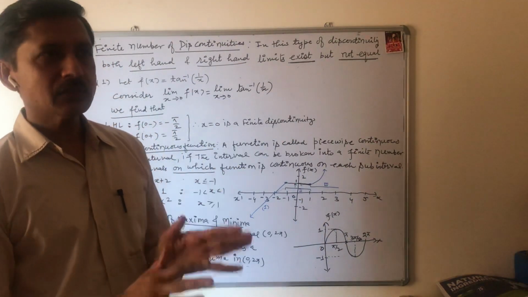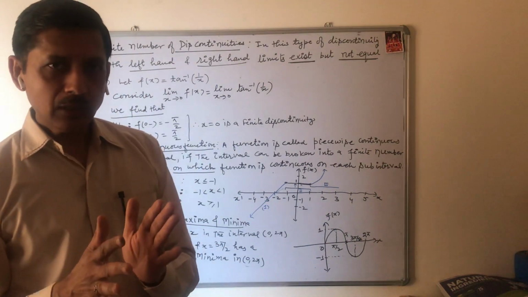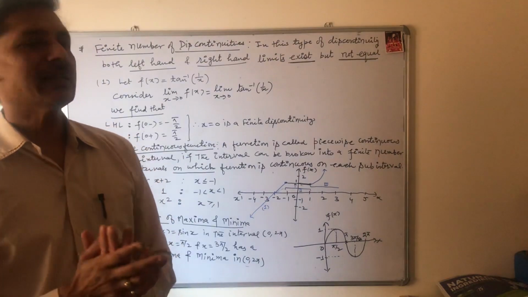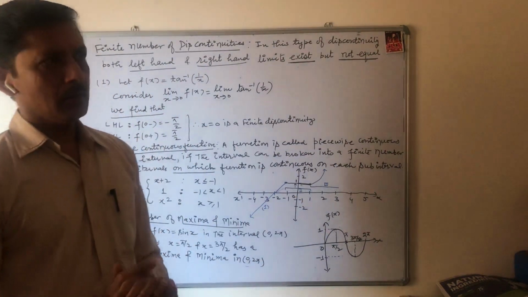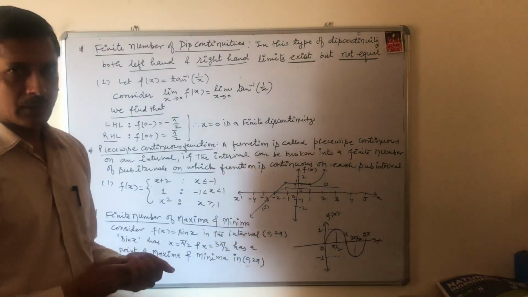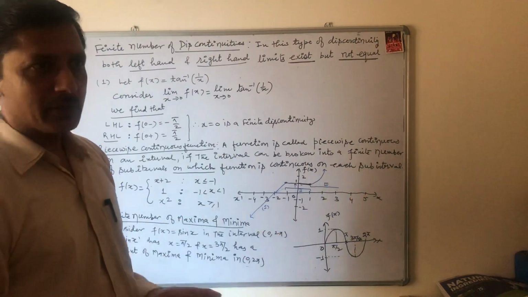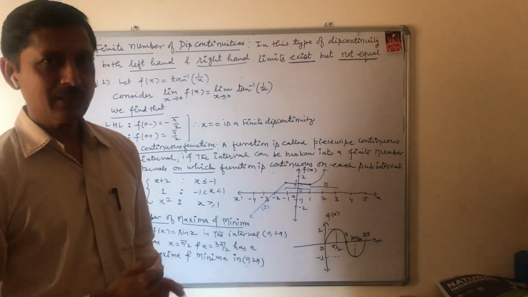If a function is not continuous at a point or in its domain, then the function is known as discontinuous. We have already read types of discontinuity. There are some different types: one is removable, the other non-removable.